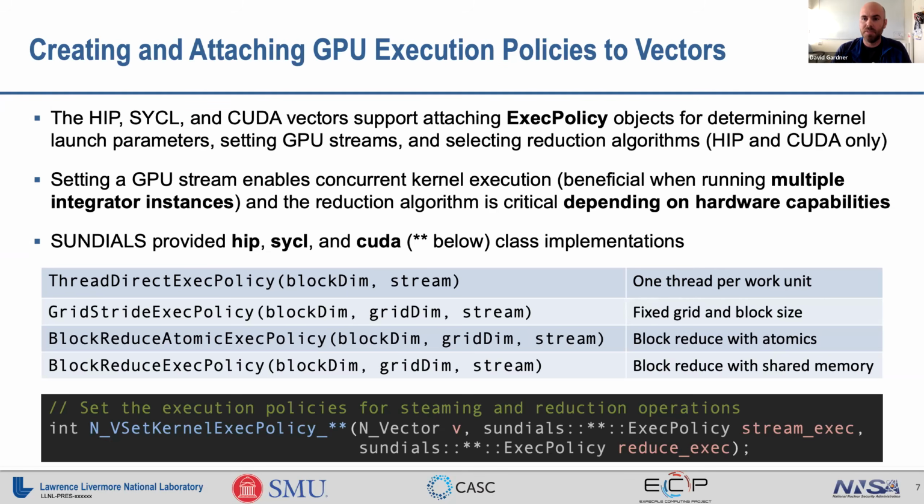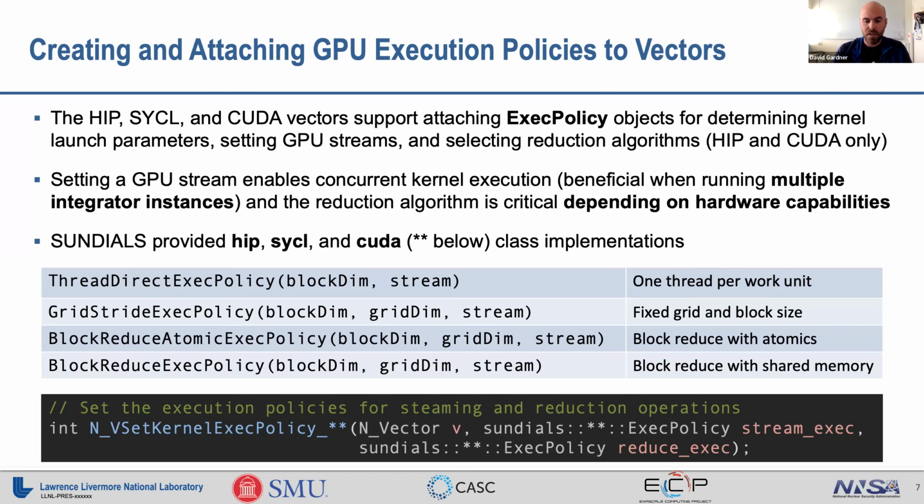Similarly, setting the stream can be very helpful when you're running multiple instances of the integrator in parallel, and you want them to do operations in different streams so that you can gain some additional concurrency between the different instances of the integrator. And I'll have some examples at the end highlighting this use case.